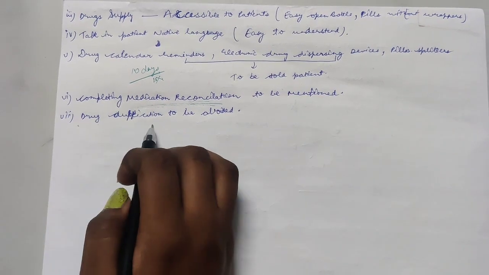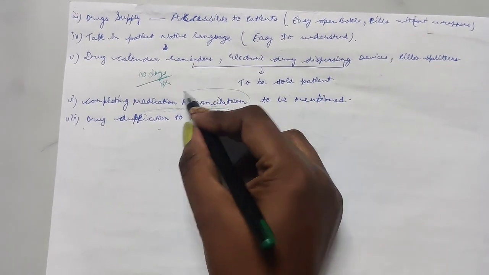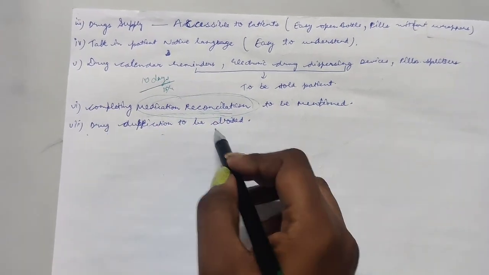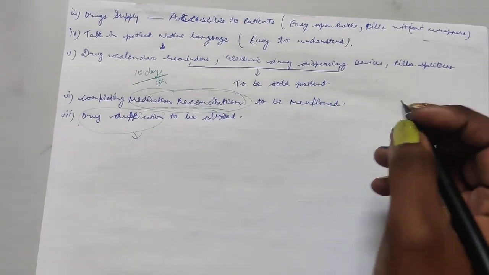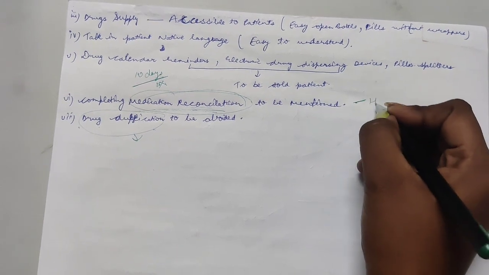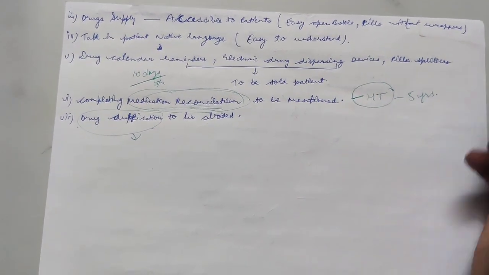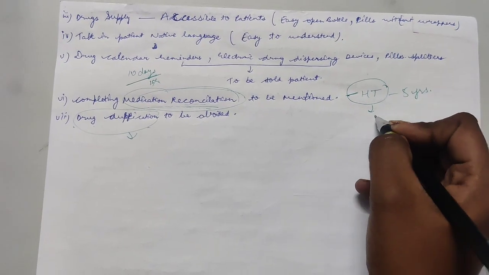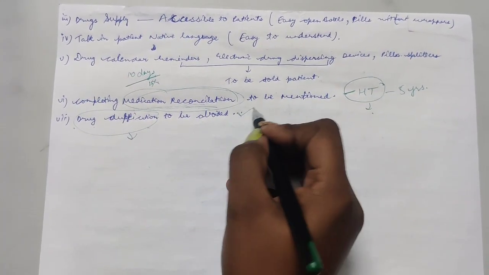Seventh is drug duplication to be avoided. By knowing the medication reconciliation, we can stop drug duplication. As we know the patient is taking the hypertension drug for the last 5 years, by asking the patient history, we can minimize drug duplication.